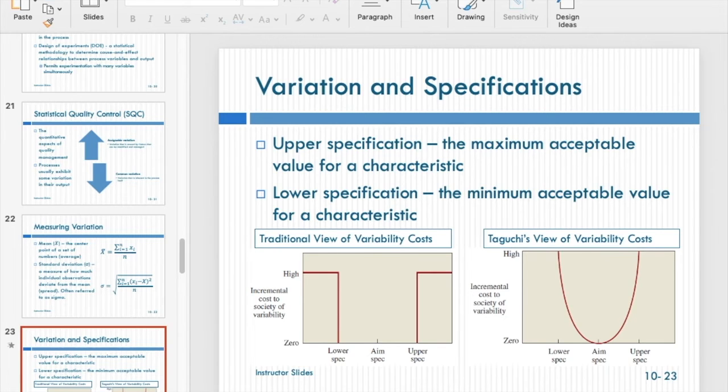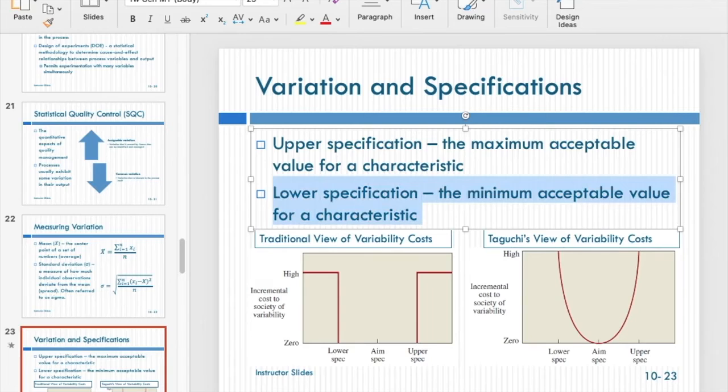In this example, 10.05 inches is the upper specification limit, the maximum acceptable value for a characteristic. And the 9.95 inches corresponds to the lower specification limit, the minimum acceptable value for a characteristic.